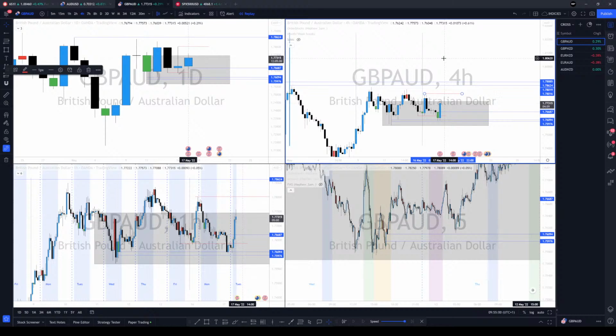Because in my opinion, price is not random, and ICT has proved that price is not random, right? And he doesn't know everything. He knows a lot, but not everything. I'm trying to know certain things that are common in the market, not everything, but certain things that are common.